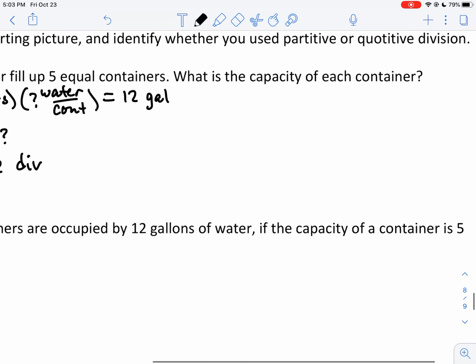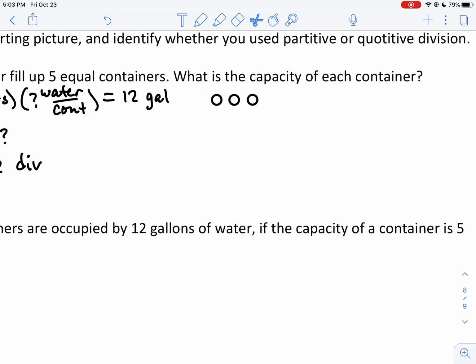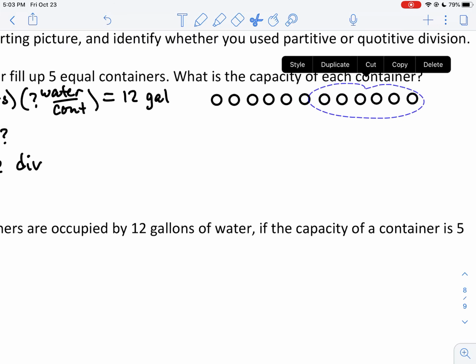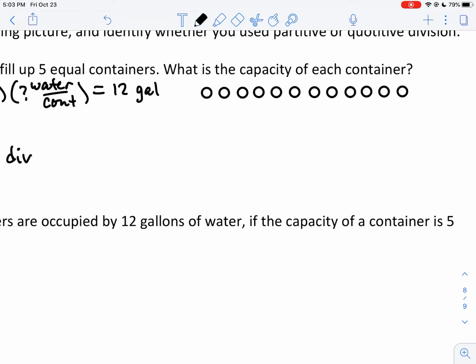So I'm going to do a circle for each gallon. Each circle represents a gallon. And I need 12 of them. So there we go. We've got 12 gallons.